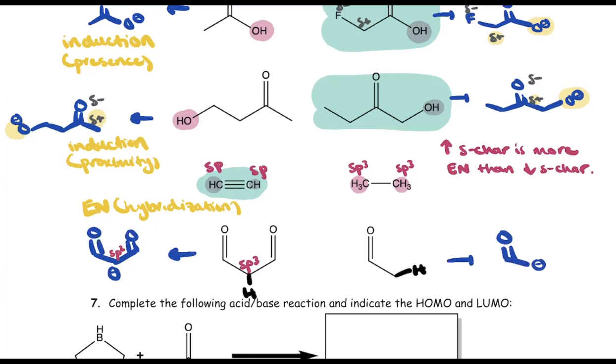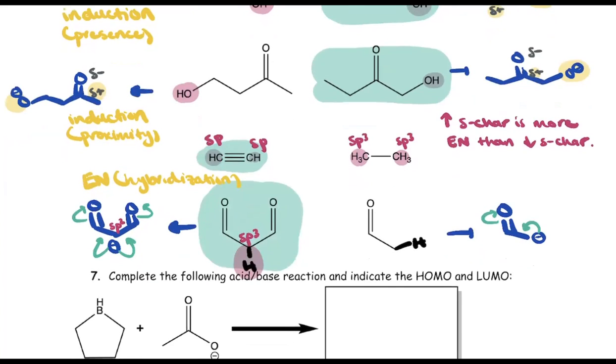Meaning that I can take these electrons and delocalize them in this direction or this direction, or I can delocalize these electrons into this carbonyl. Because of this, we could say that this guy on the left, with this being the most acidic proton, is going to be most stabilized, and in this case, the stabilizing factor is going to be resonance, particularly because of the length of the pi system.